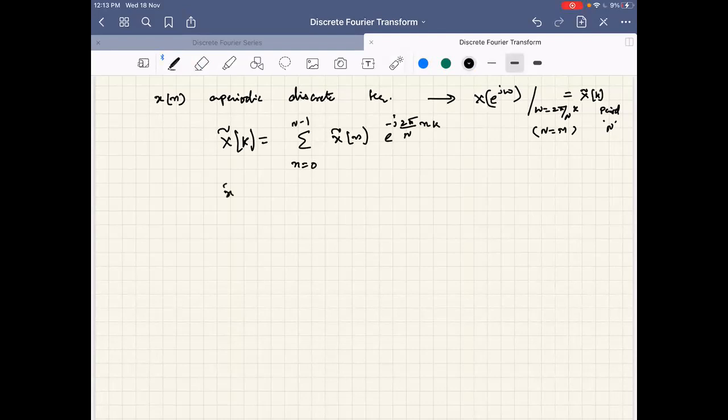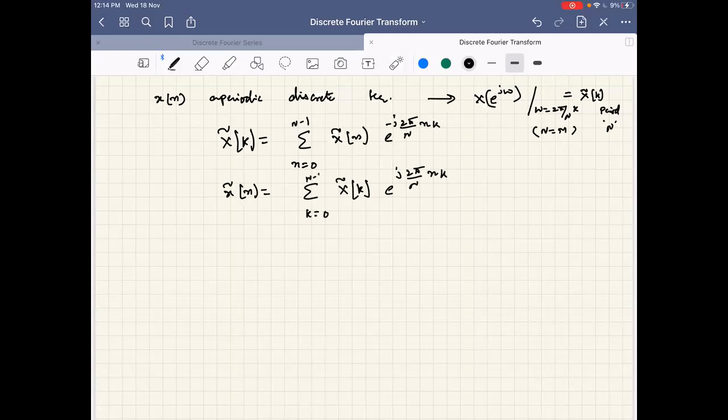Similarly, if you want to get back x tilde of n, what we do is project these frequency coefficients onto the inverse of the complex exponential basis, the earlier basis.